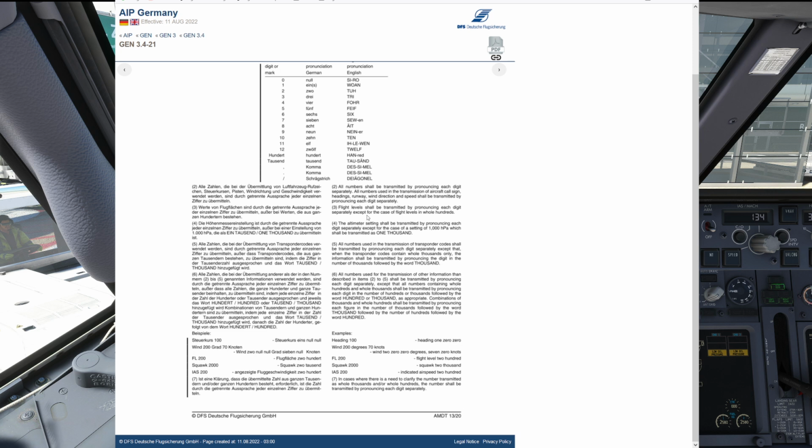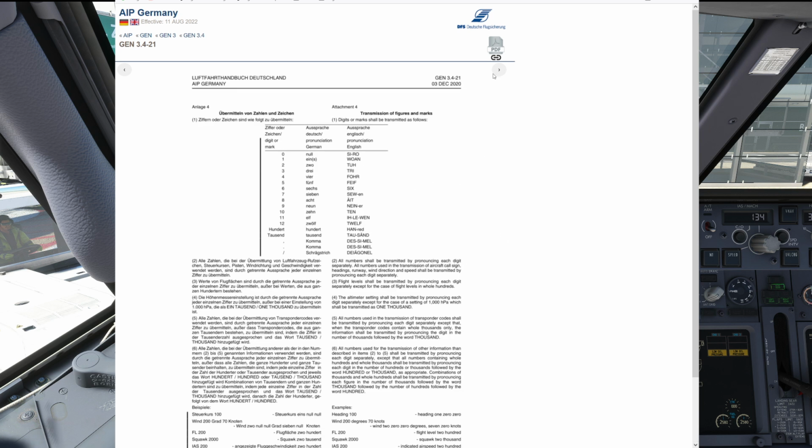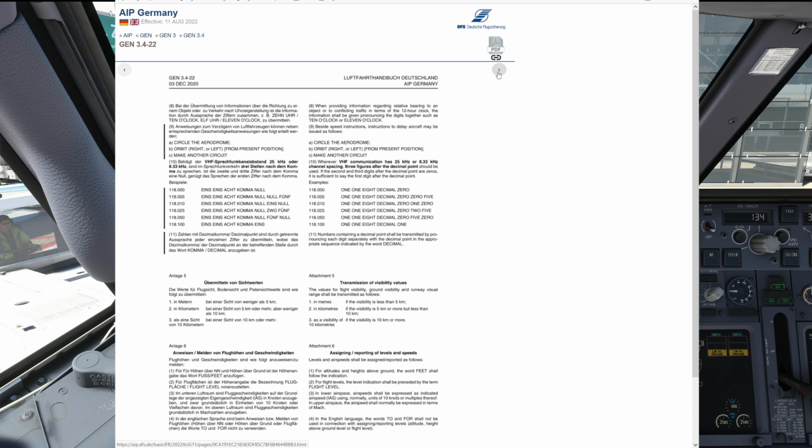Similar over here is 100,000 decimal for the dot and stuff like this. Alright, next up is the pronunciation of radio frequencies, and that is given in here as well. Can only recommend you to learn this one by heart.